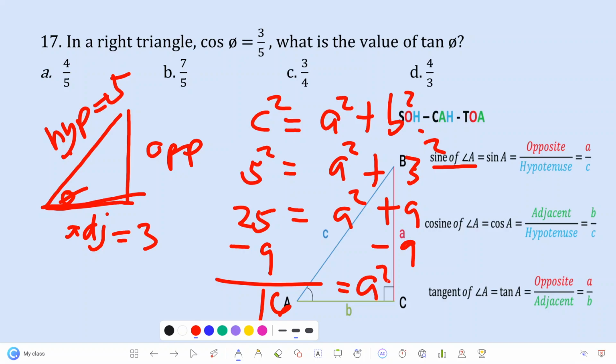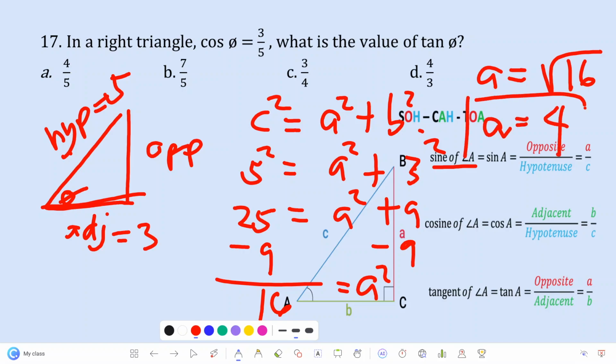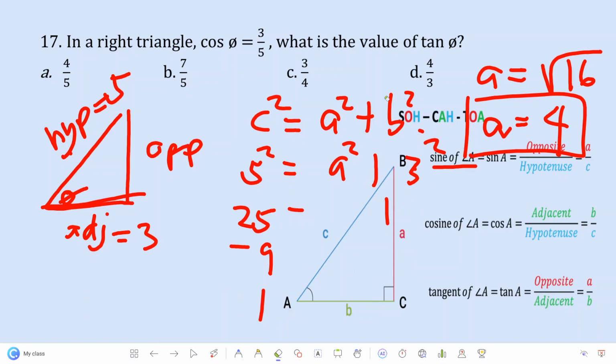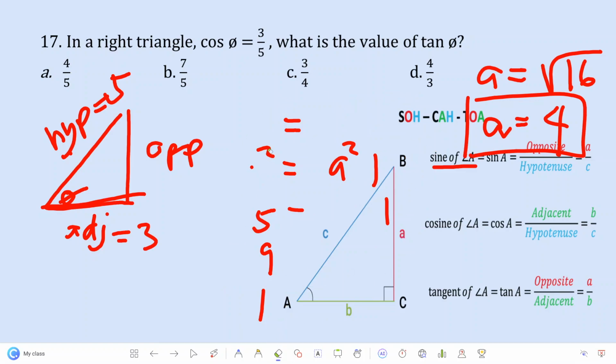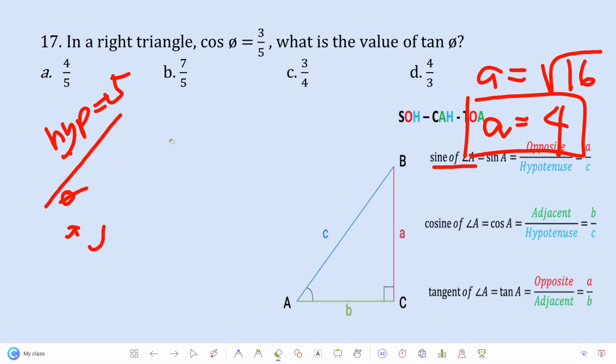Ngayon, to get the value of a, we just take the square root of 16. And the square root of 16 is equal to 4. So, 4 po ang ating opposite side. Okay. Now, let's continue solving dahil hindi pa po yan ang answer natin. Ano daw po ang tangent?